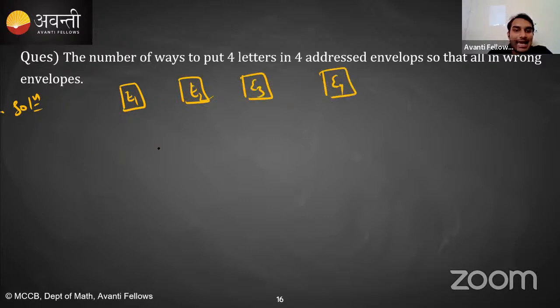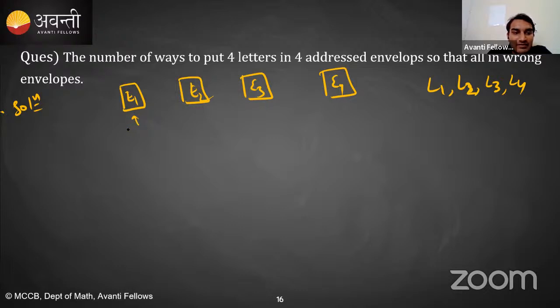Let L1, L2, L3, L4 be the letters. L1 is supposed to go to the correct address corresponding to E1, L2 supposed to go into E2, L3 into E3, and the fourth letter into the fourth address E4. Now you have to arrange them in such a way that no letter goes into its original place, meaning every letter has to go into the wrong envelope.